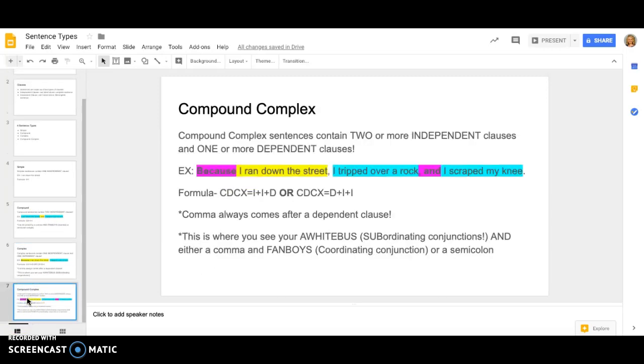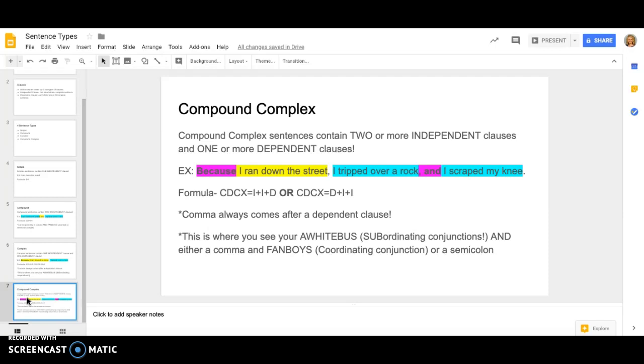And last we have compound complex sentences. These sentences contain two or more independent clauses and one or more dependent clauses. You really have got to break down your sentences in order to figure out what type of sentence it is. So the example here is because I ran down the street, I tripped over a rock and I scraped my knee.